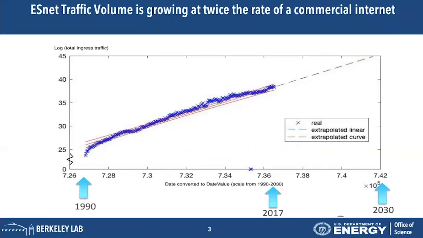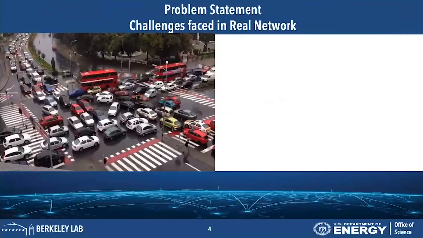It's been projected that the total ingress will increase exponentially, by an order of magnitude, in the coming decade. So the question is, how will ESnet cope with this challenge, considering that the network has different traffic requirements, different quality of service, different bandwidth sizes, and different time-based deliveries? And this leads us to our problem statement.